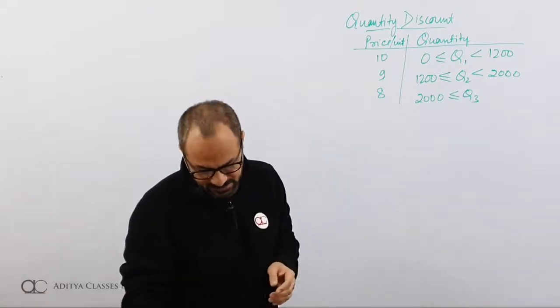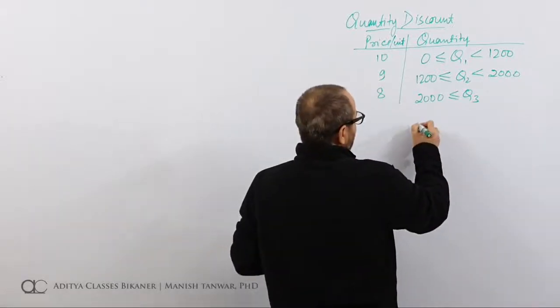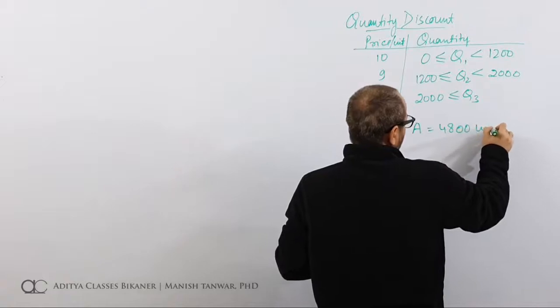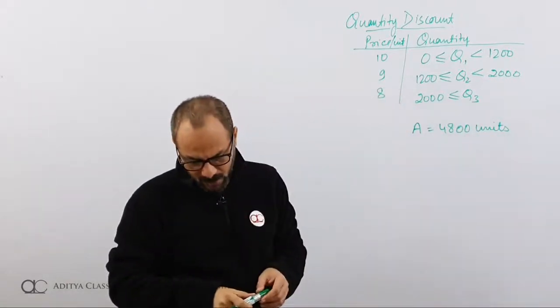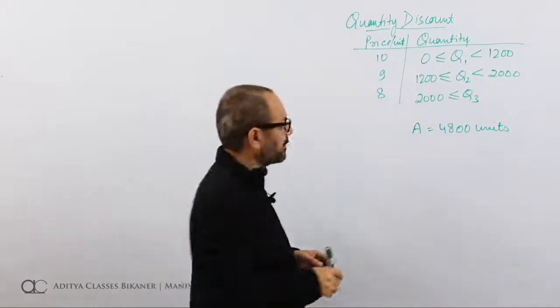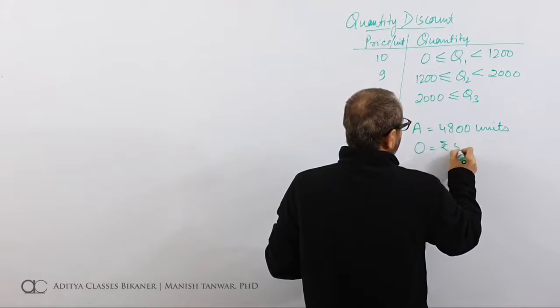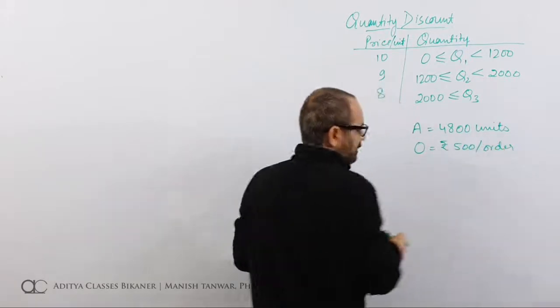Now the other parameters are such that annual demand for an item, A, is 4800 units. Ordering cost is rupees 500 per order.